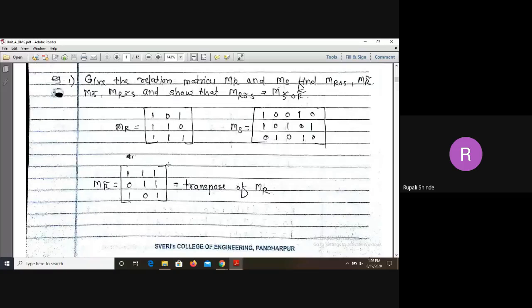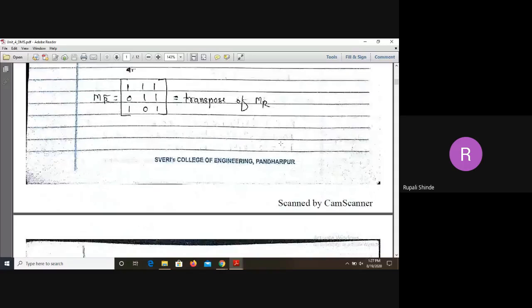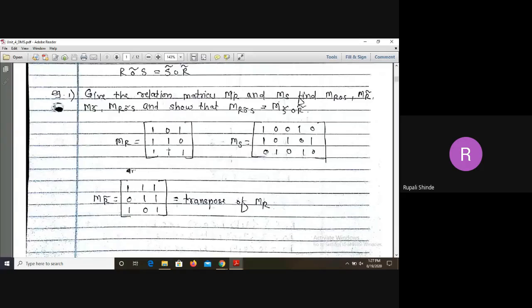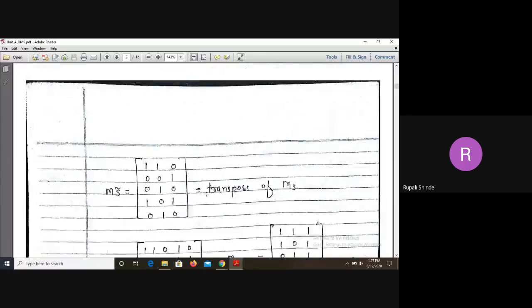Now again second row second column, that is 0 0 0. So final value is 0. Again next one, second row third column, and that is 1 into 0 0, 1 into 1 1. So write that 1 at this place.